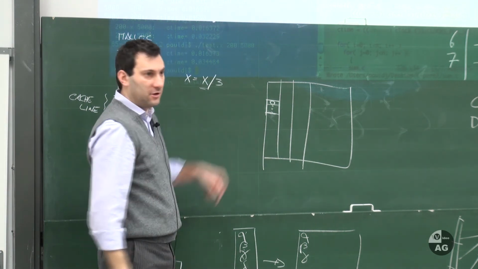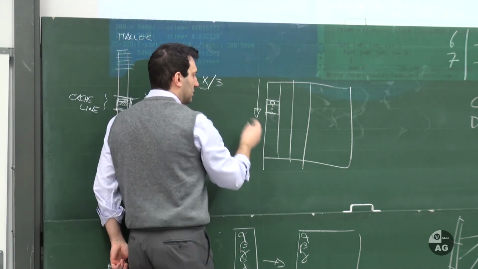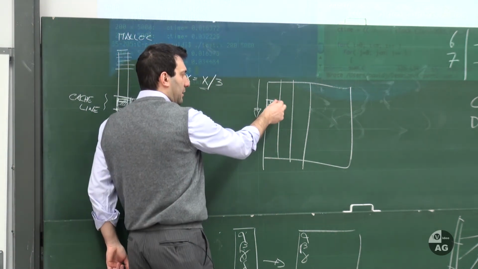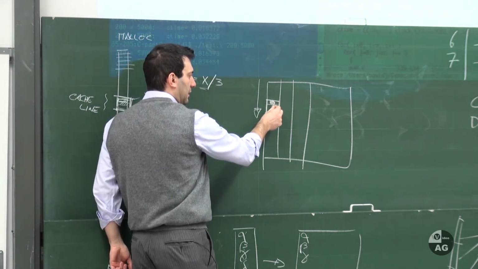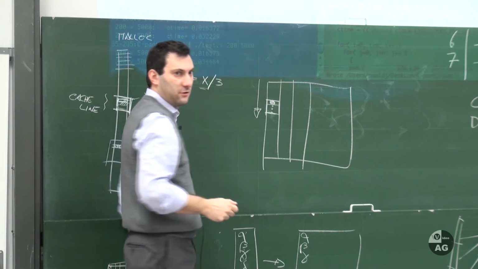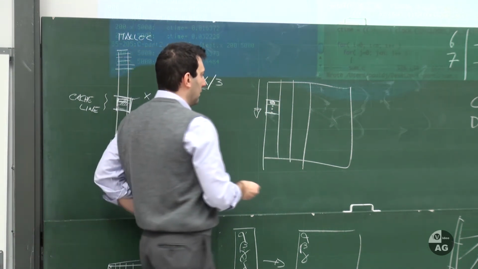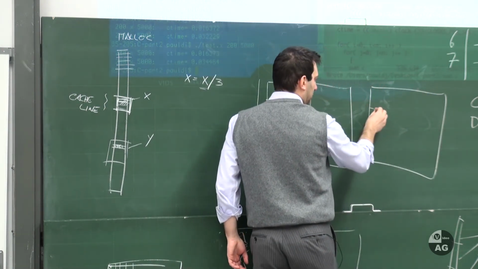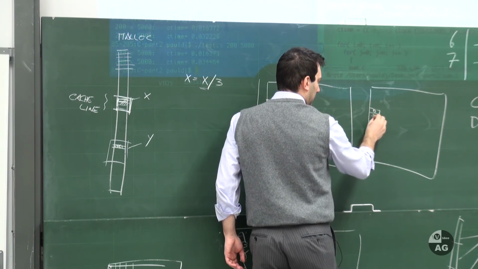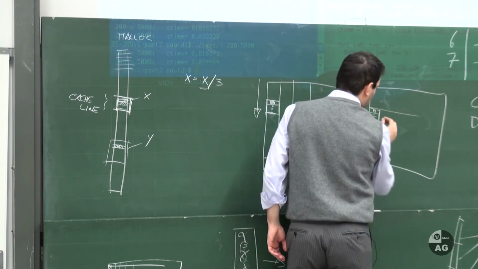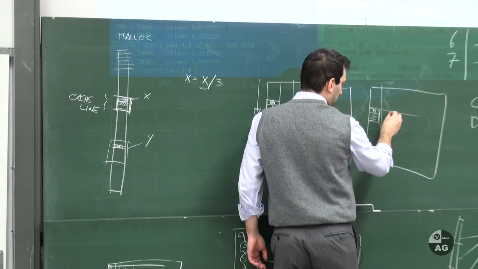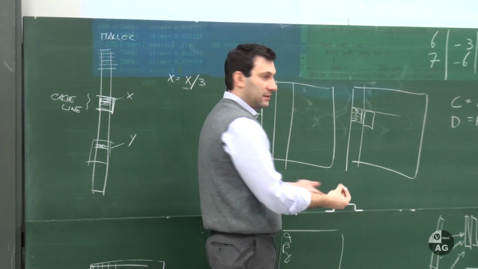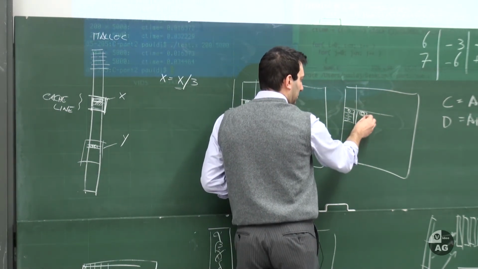So if my algorithm traverses the matrix in the same fashion as the data has been stored, I pay the price for this initial guy, and then I don't have to pay anything for the next 3. Instead, if I pay the price to fetch this piece of data, and then I move on to the next entry, which is over here, I have to pay the price again to fetch this piece of data.